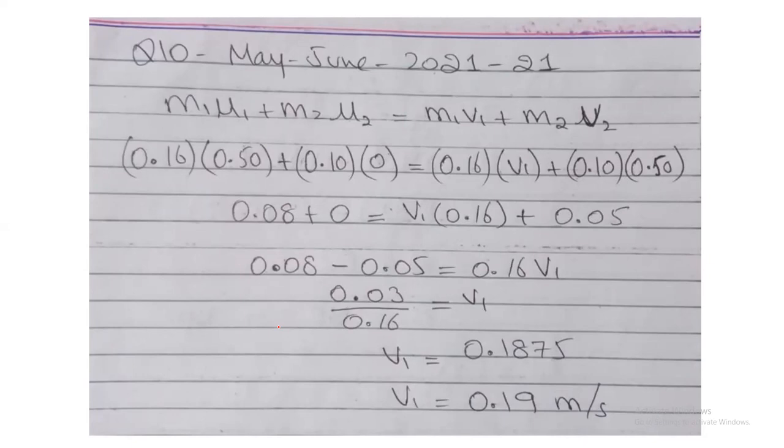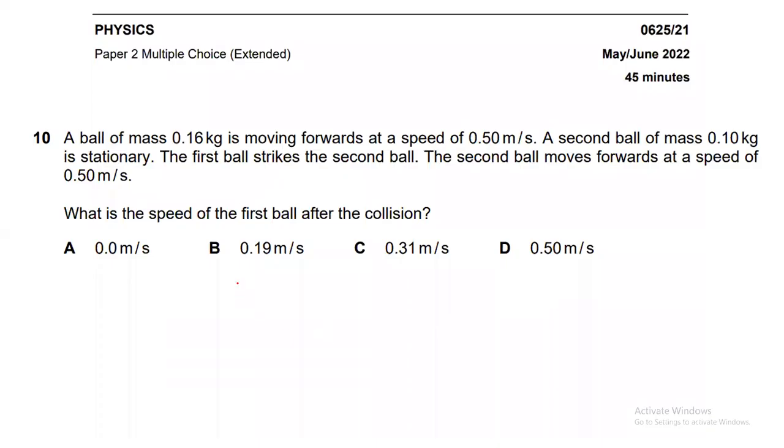So V1, the final velocity of object 1, will be 0.03 divided by 0.16, which is 0.1875, approximately 0.19 meter per second.